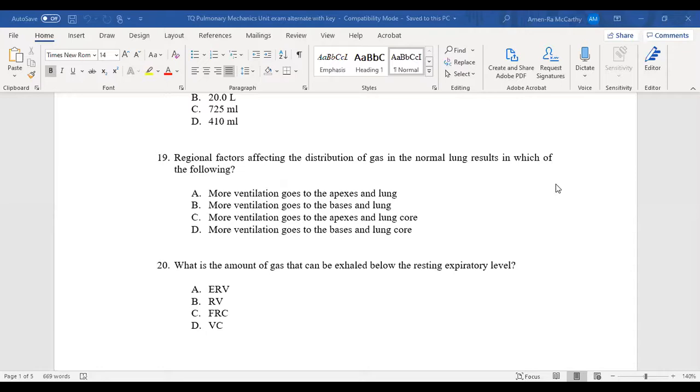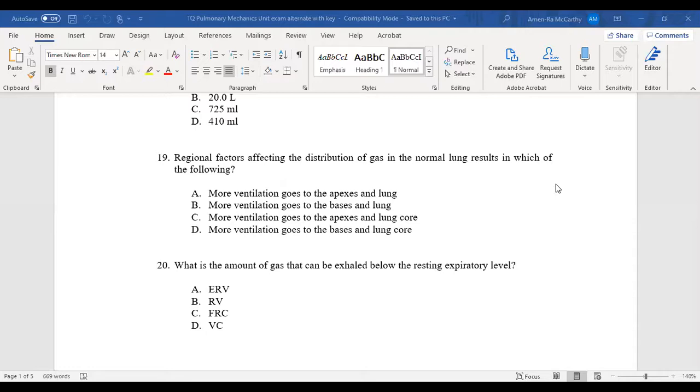Does anybody remember how much? How much more goes to the bases as far as ventilation is concerned? Miss Rose, look at it again. You're getting it mixed up with the perfusion.